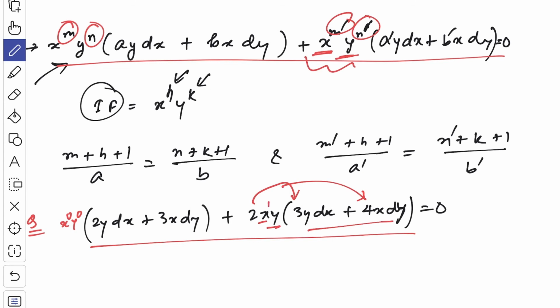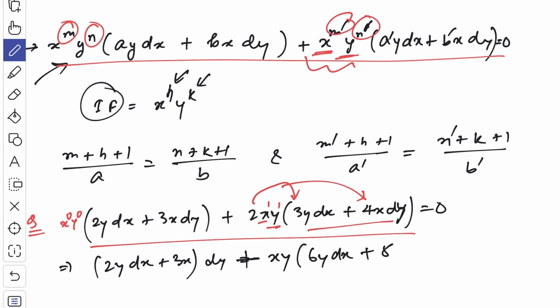And here we can consider m dash as 1 and n dash as 1, so x to the power 1, y to the power 1. So let me simplify this equation. This equation will be twice y dx plus thrice x dy plus xy into 6y dx plus 8x dy, equal to 0.